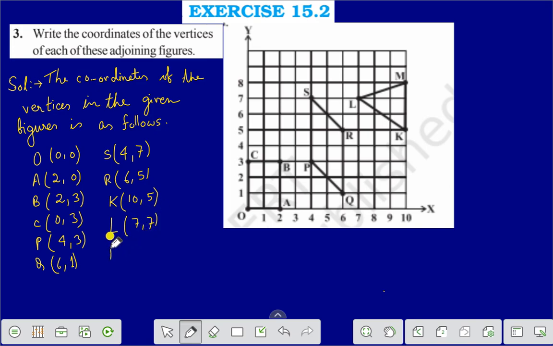Now the coordinates of M will be, this point is M. Here you see the value of x is 10, the value of y is 8, that is 10, 8. Right? We have found all the coordinates.